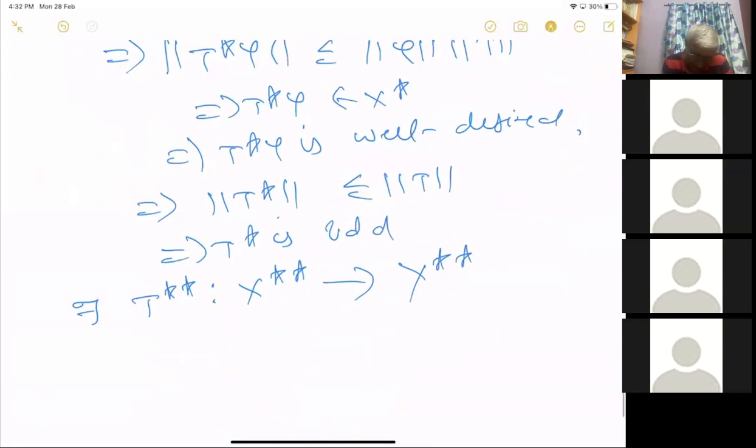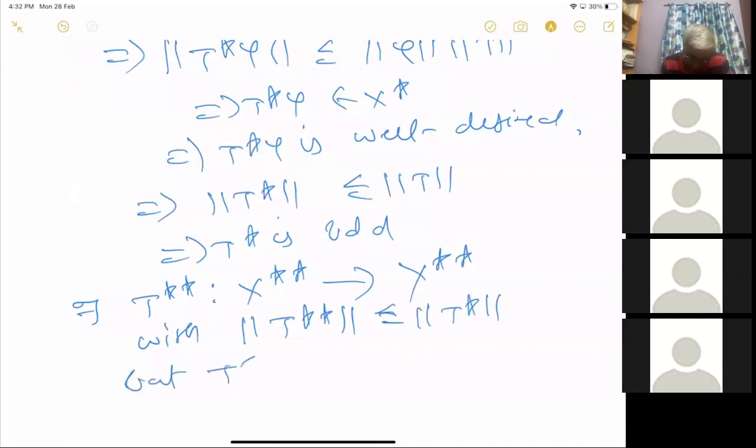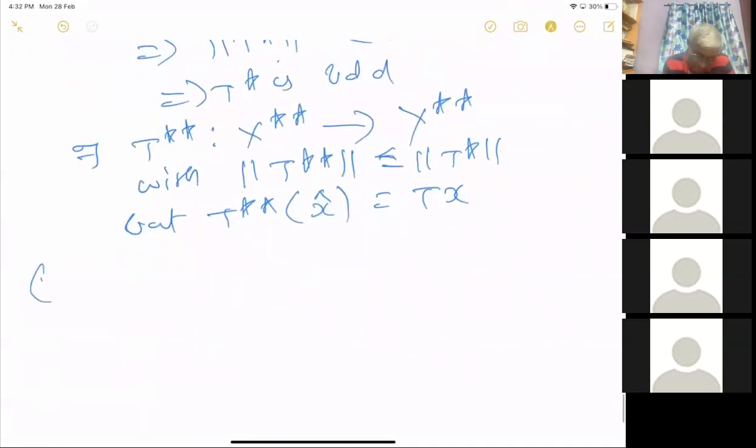When you can go from T to T star, then you can go from T star to T star star, and T star star satisfies norm of T star star is less than or equal to norm of T star. But this T star star, you can restrict it on x hat, and T star star of x hat is equal to T of x. You can verify that.